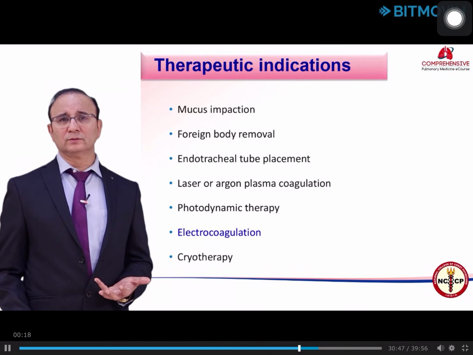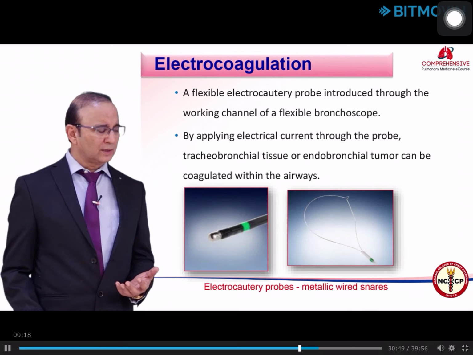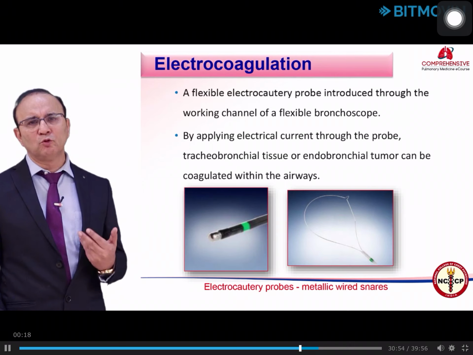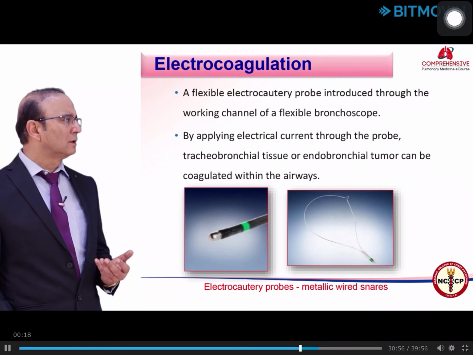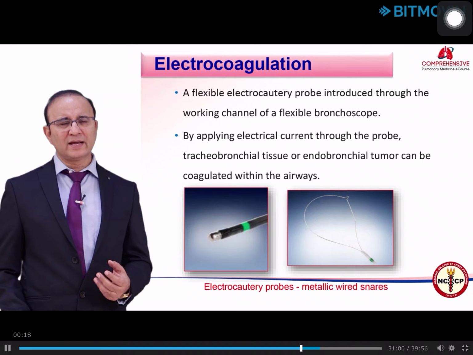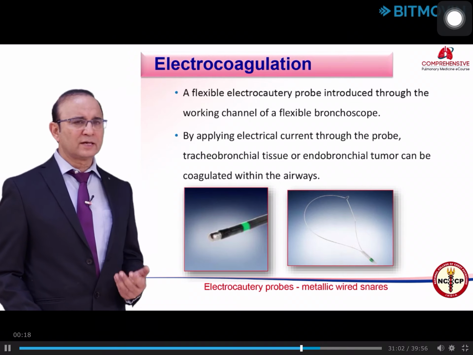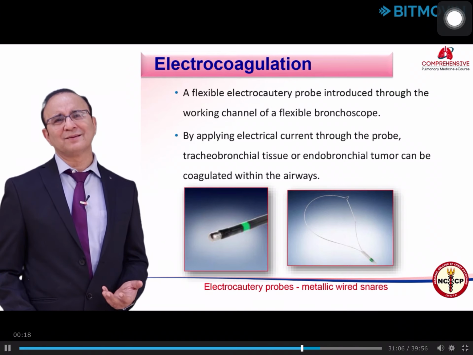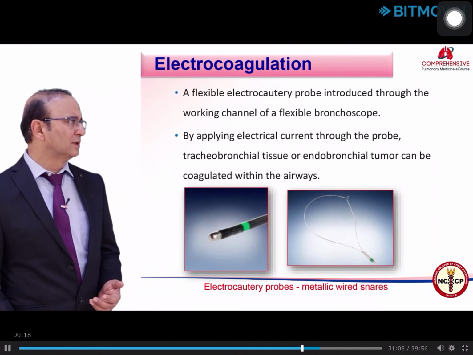Then electrocoagulation. During electrocoagulation, a flexible electrocautery probe is introduced through the working channel of the flexible bronchoscope. By applying current through the probe, tracheobronchial tissue or endobronchial tumor can be coagulated within the airways.